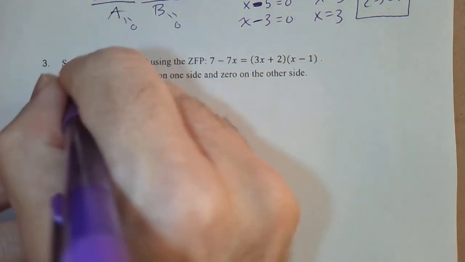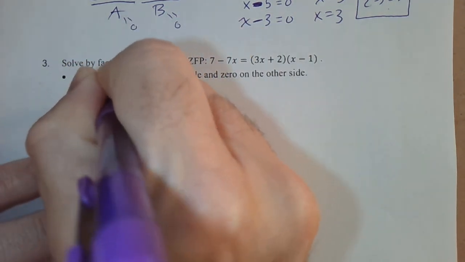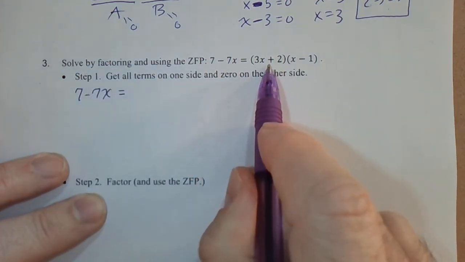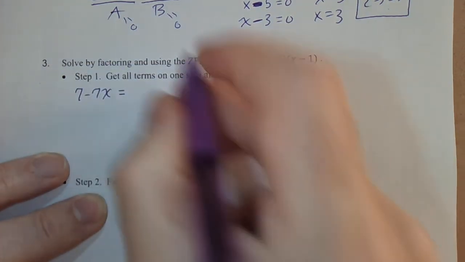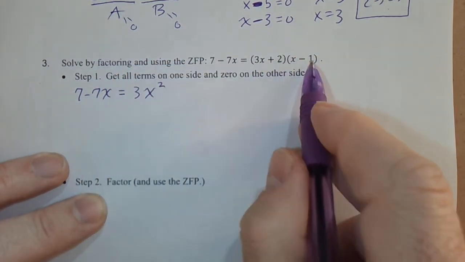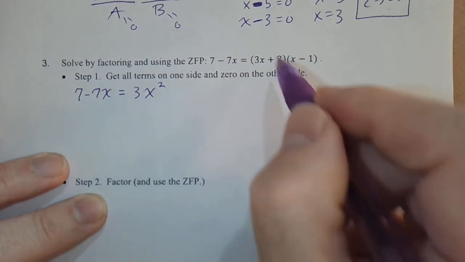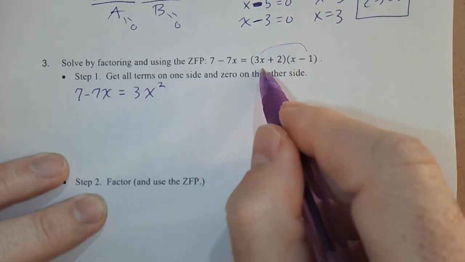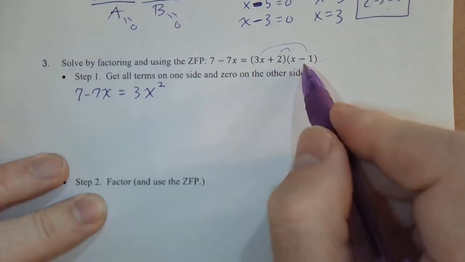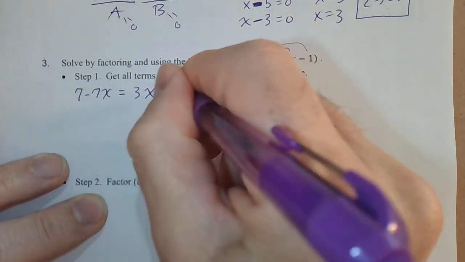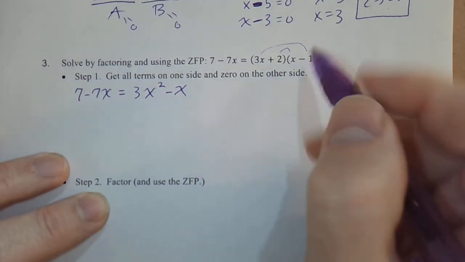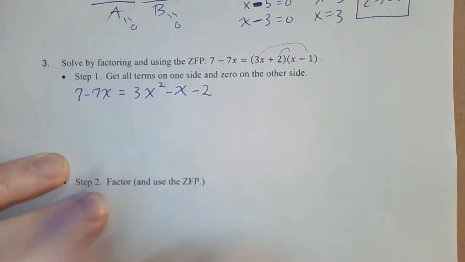So we would get 7 minus 7x, no change there on the left. And now let's FOIL this out. 3x times x is 3x squared. That's the F of FOIL. Outer would be a negative 3x, but inner would be 2x. So a negative 3x plus 2x is simply a minus x. And then the last would be 2 times negative 1 or minus 2.